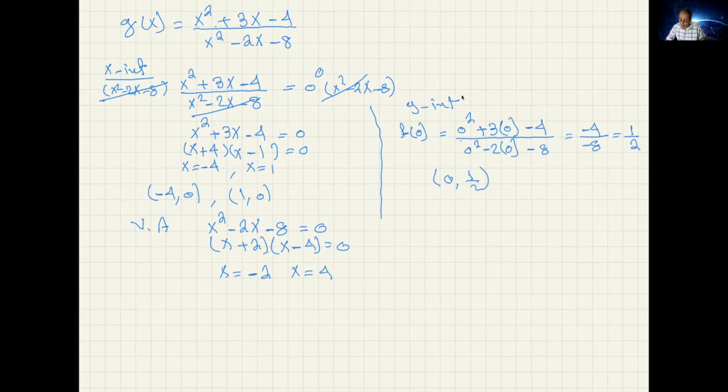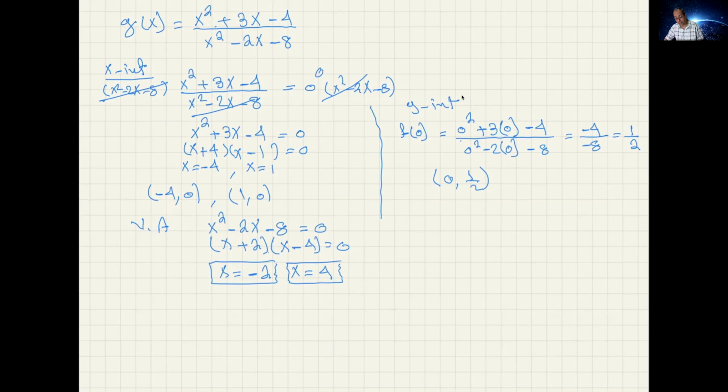So now how many vertical asymptotes do I have? I have 2: -2 and 4. So basically right now, how many points do I have to put on the number line? I have -2, I have 4, and also the x-intercepts, which are -4 and 1.